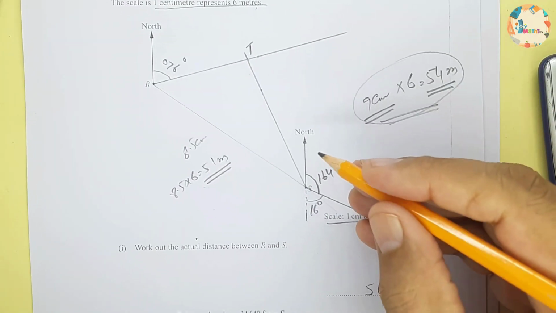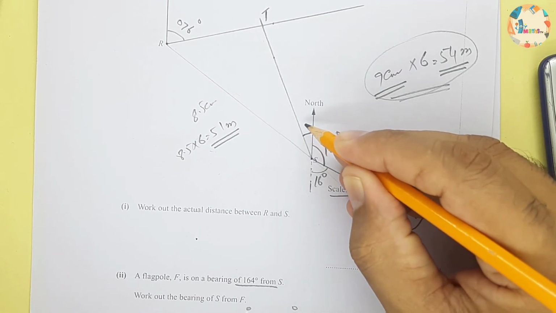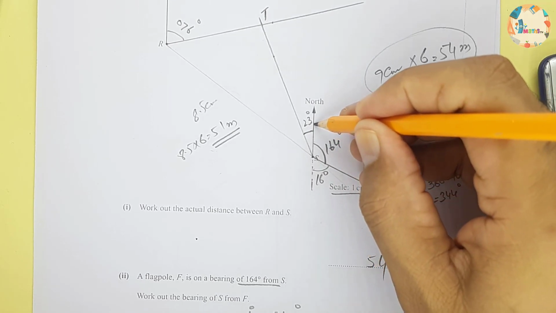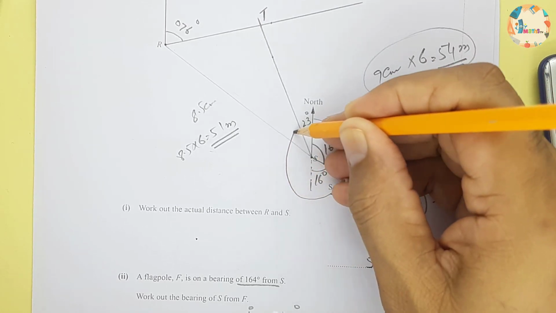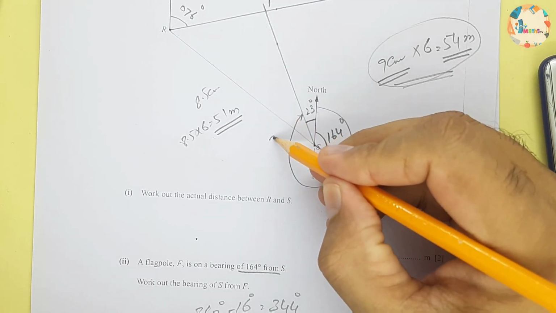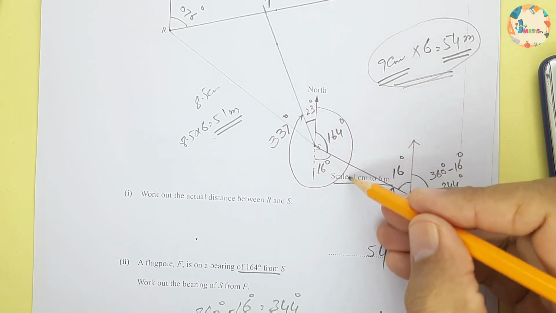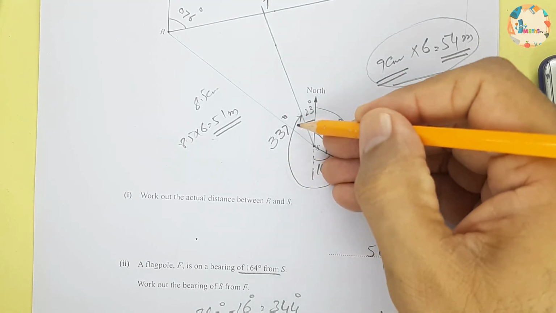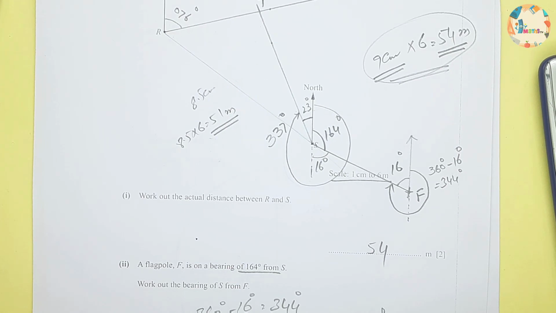This is 076, and this one we can show as 23 angle, and this whole angle we can show as well, like for example starting from here till here, this angle will be 337 degrees. This whole angle is 337. Bearing of T from S is 337 and bearing of T from R is 076.